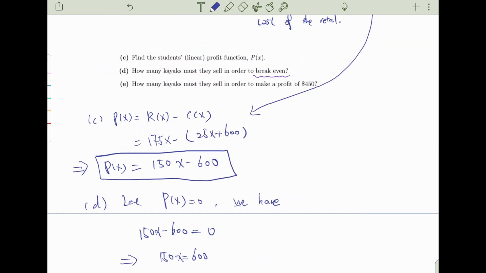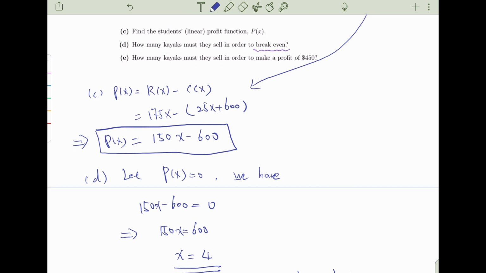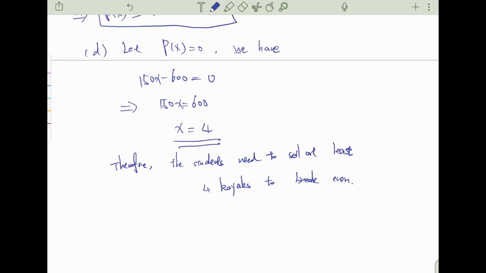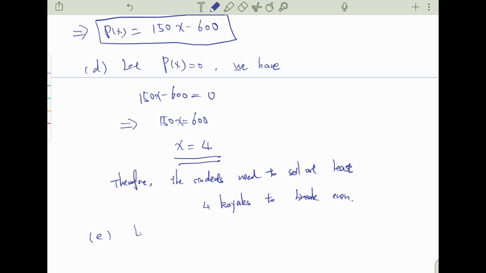And now let's take a look at the last one. How many kayaks must they sell in order to make a profit of $450? Right. So if you want to make $450, you're gonna let the profit function be 450. And now try to find the x.